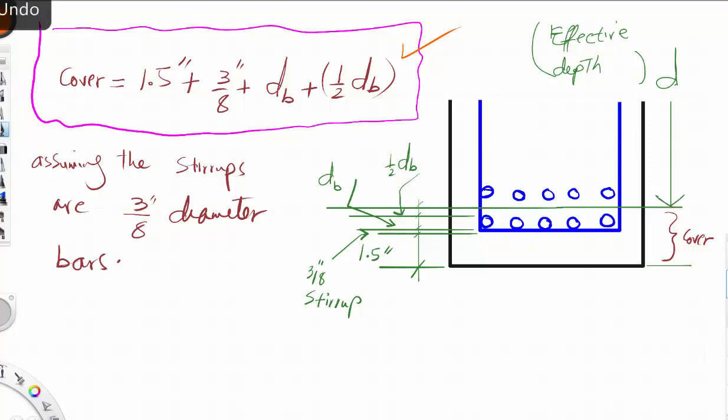Most of the time they are used as a 3/8 of an inch diameter, so they are small. And then you have the diameter of the bar here, and then half of the distance between these 2 bars, which is half of the diameter of the bar. So this is the explanation for the equation. So you need to use this equation for the calculation. Okay, and this is standard. So whenever you go 2 rows, you have to use this equation.